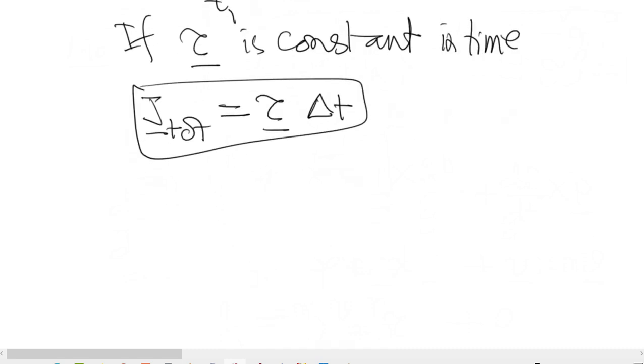Again, in terms of angular momentum, tau equals dL by dt.